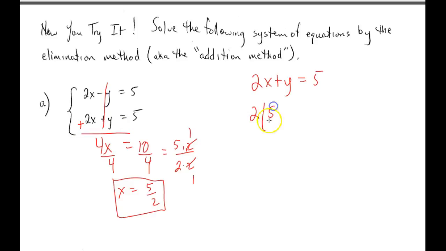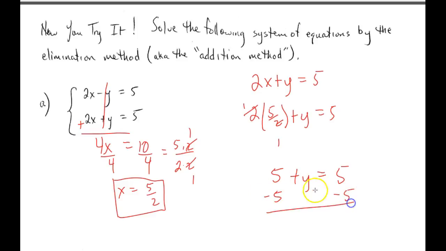Plug in 5 halves for x. And I see that 2 times 5 over 2 is just going to be 5, because these 2's reduce to 1. And so we have 5 plus y equals 5. From here, we subtract 5 from both sides.